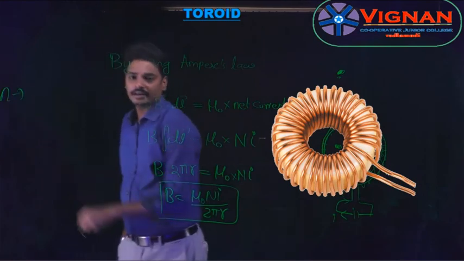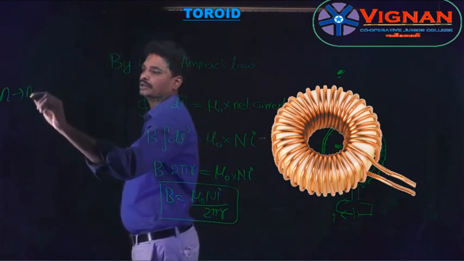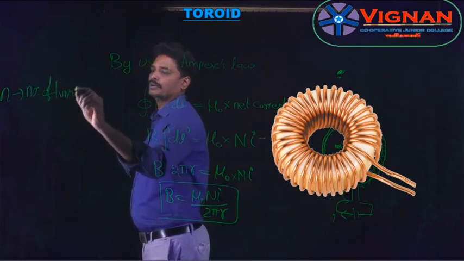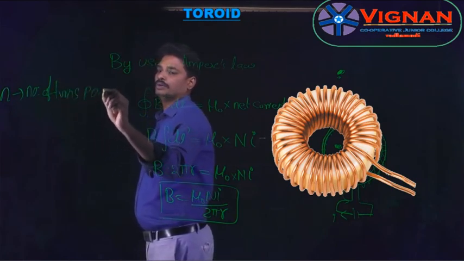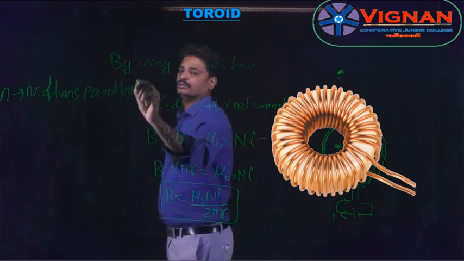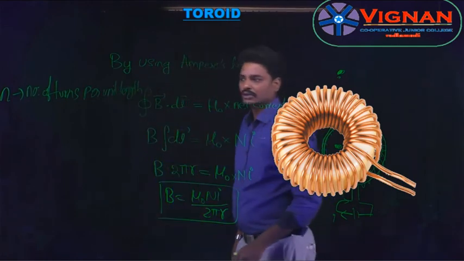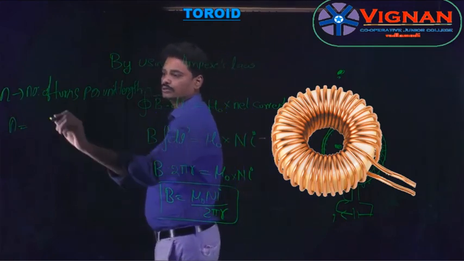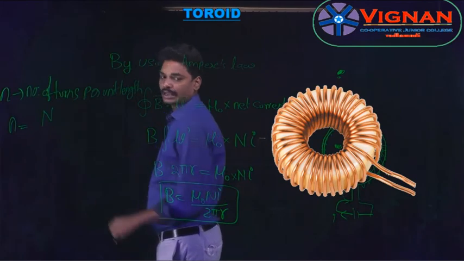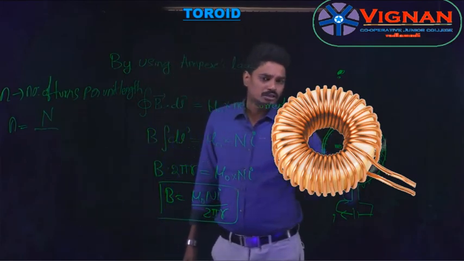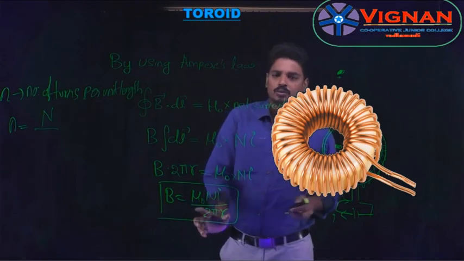In case of the solenoid, we have already discussed small n. What is small n? Small n is nothing but the number of turns per unit length. So small n is equal to the total number of turns, capital N, divided by the total length of this toroid, which is the average perimeter, 2 pi r.